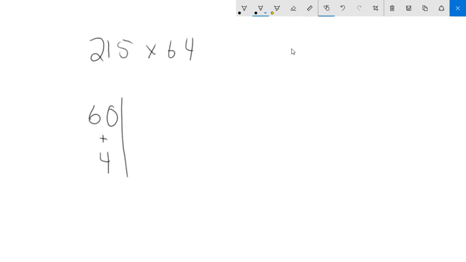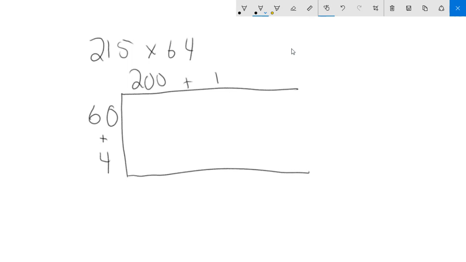So that is the width of this shape. Now, the length of it altogether is going to be 200 plus 10 plus 5, or 215. I break it down. Here we go. I've got this piece, and now it's time to find the area of this shape.